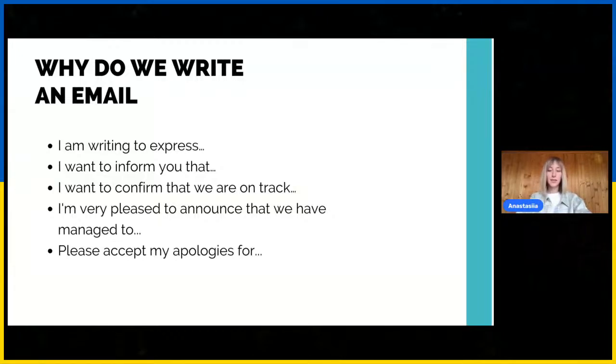So here are some examples of opening phrases you can start your emails with. If you're going to say something bad, you can say, accept my apologies for, or I want to make you know that, I want to inform, I'm writing to express. There is a huge list which you can see in that useful file I have already shared with you.